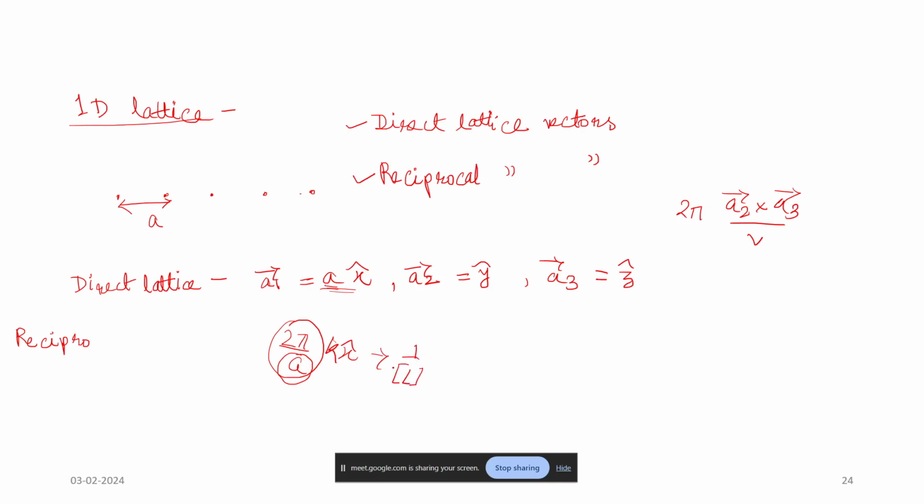For the reciprocal lattice, b1 will be 2 pi by a x cap, and b2 you can calculate, it is 2 pi by a, y cap.